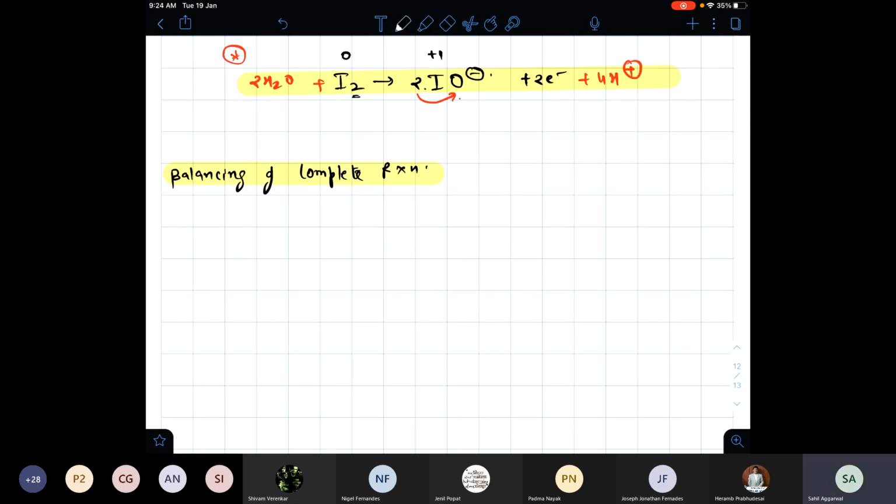Balancing of complete reaction. Water is a neutral compound.